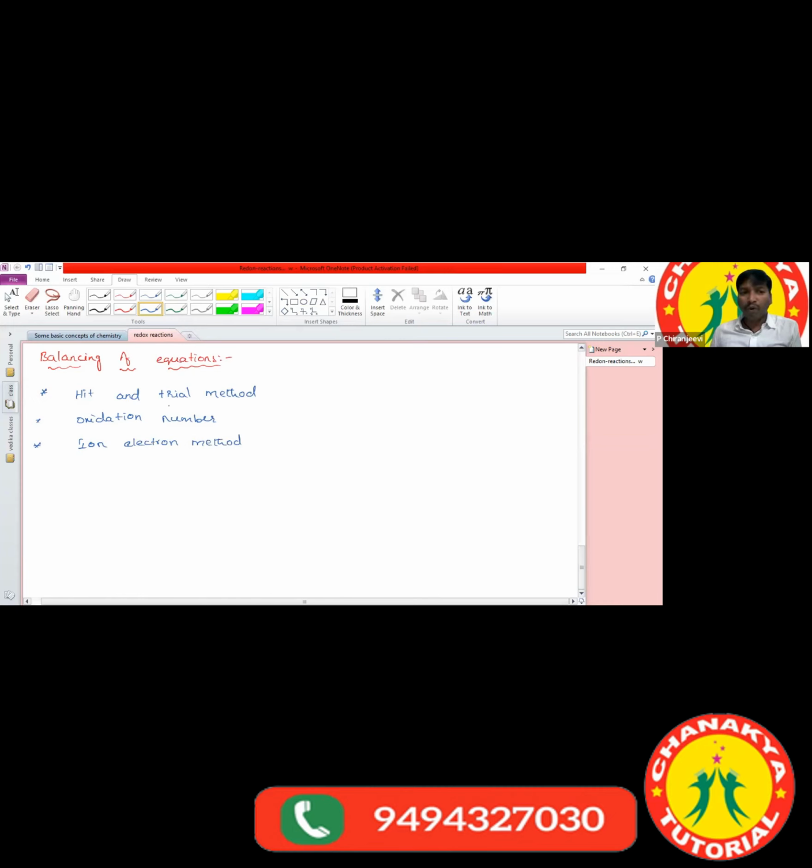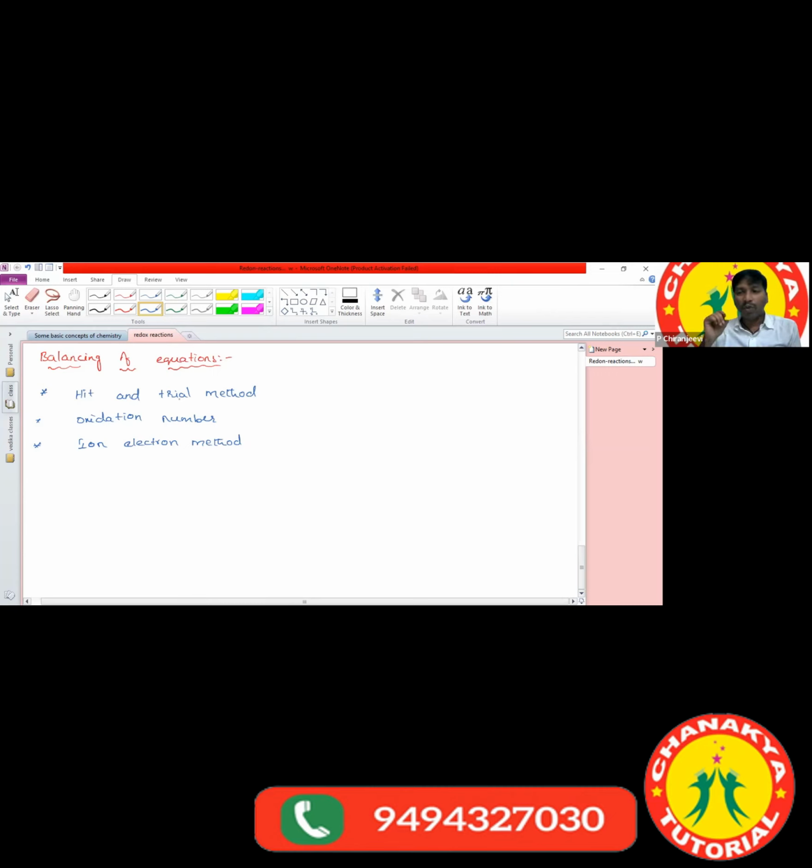Before going to the balancing of equations, first we have to know the molecular formulas of the compounds. I just went through previous mains level questions.